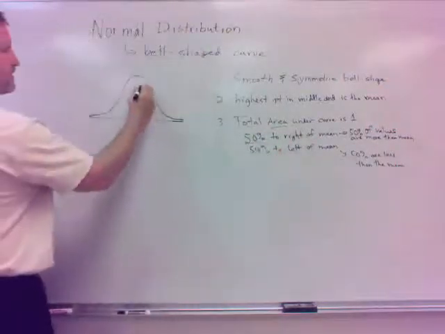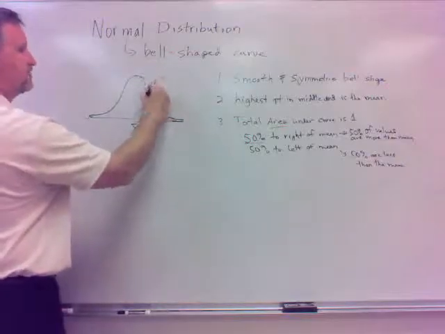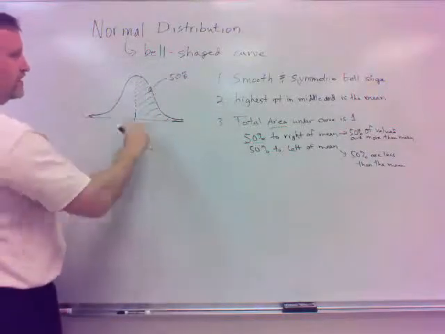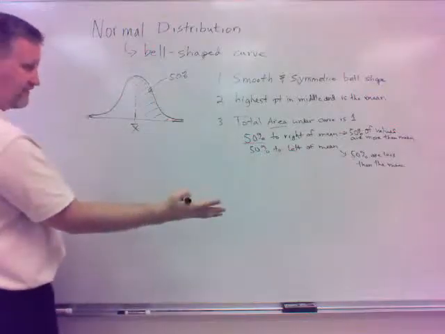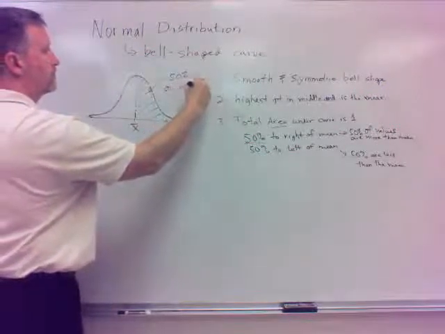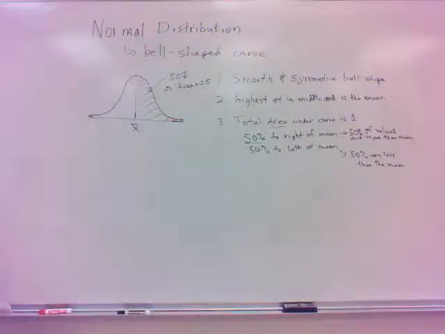We're saying this percentage is 50%, or we could also say the area under the curve there is 0.5. Or it's 50% of the area under the curve, however you want to think of it. But percentage and area is the same thing.